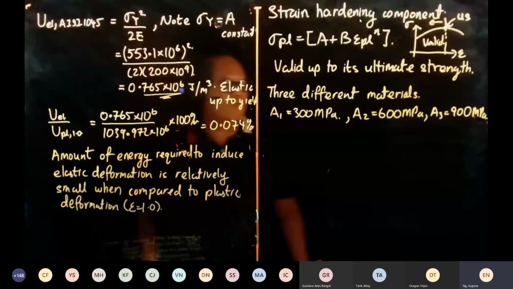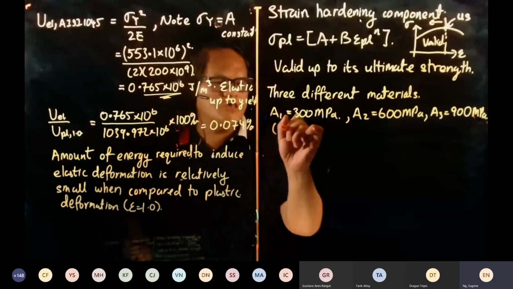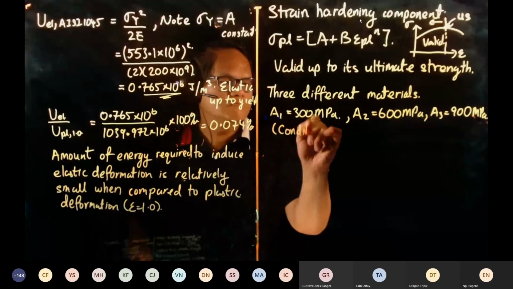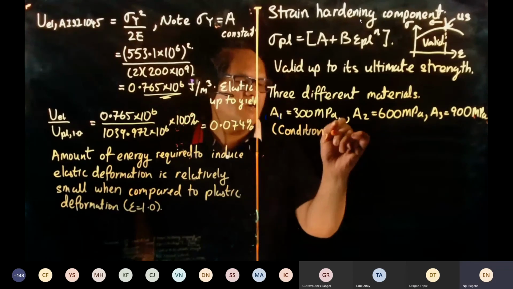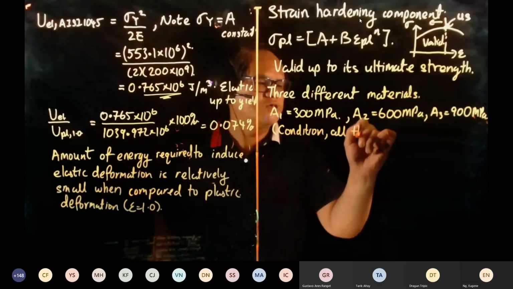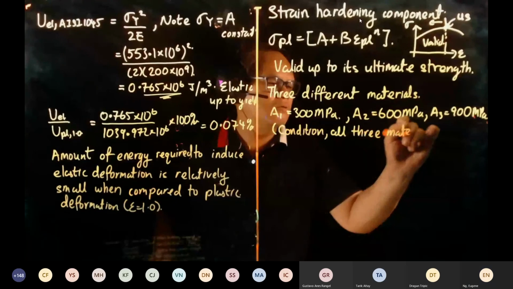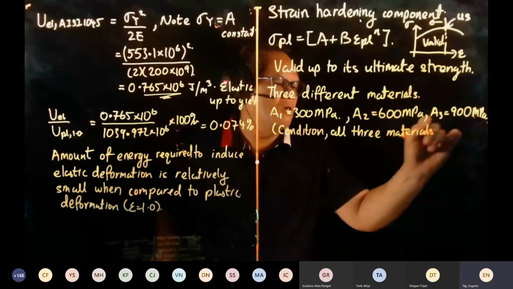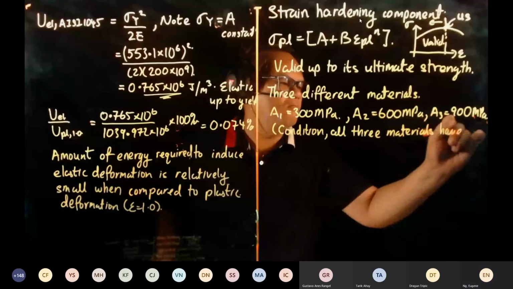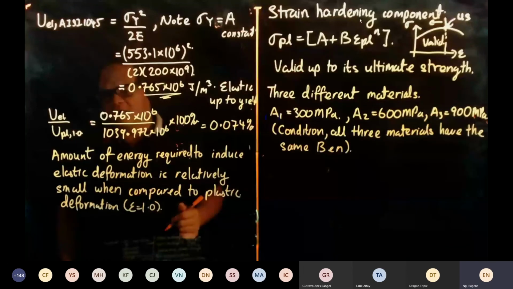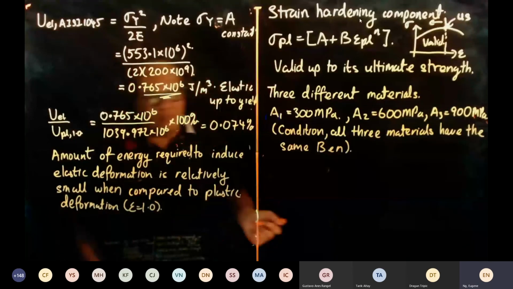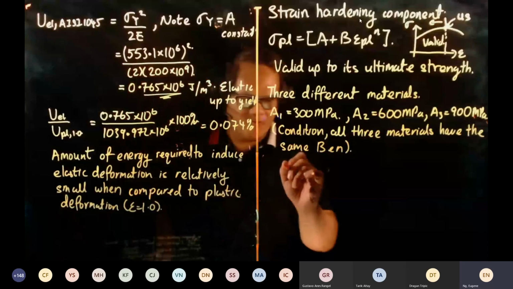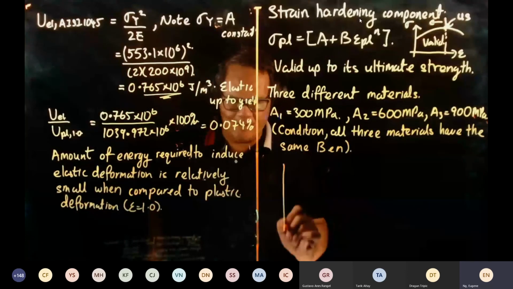Then we have a condition that all three materials have the same B and N, meaning the strain hardening coefficient and the strain hardening index are the same.